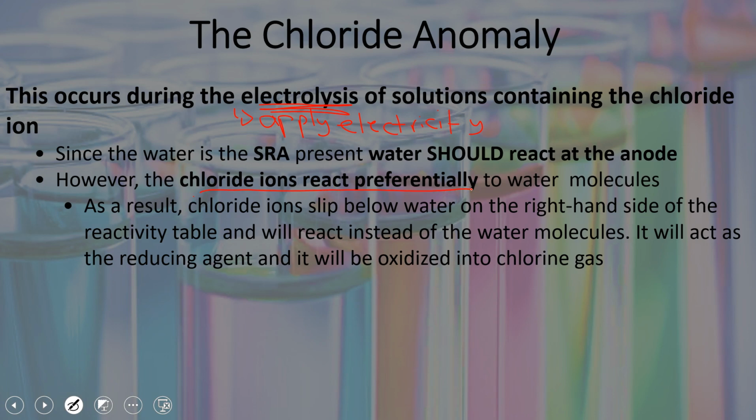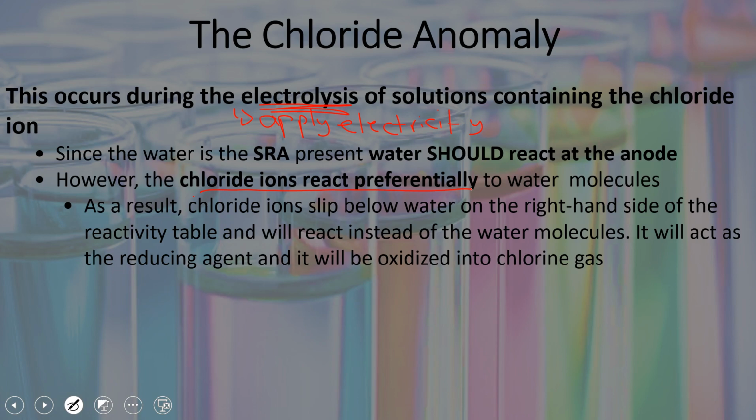And so that's why this is called an anomaly, because chloride will slip below water on your SRA and actually react preferentially to water. Okay, that's why it's called the chloride anomaly. You have to memorize that. There'll be a question or two on my test. There's always a question on the diploma on the chloride anomaly.